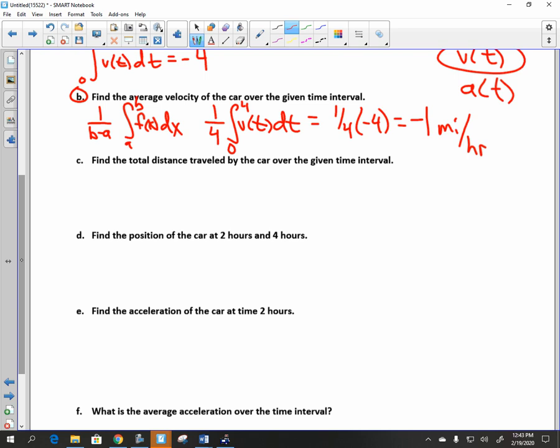Find the total distance traveled by the car over the time interval. How is distance different than displacement? Absolute value. Thank you. So I do 0 to 4 of the absolute value of v of t dt. Samantha is doing a great job of thinking about absolute value. However, she is ultimately incorrect.